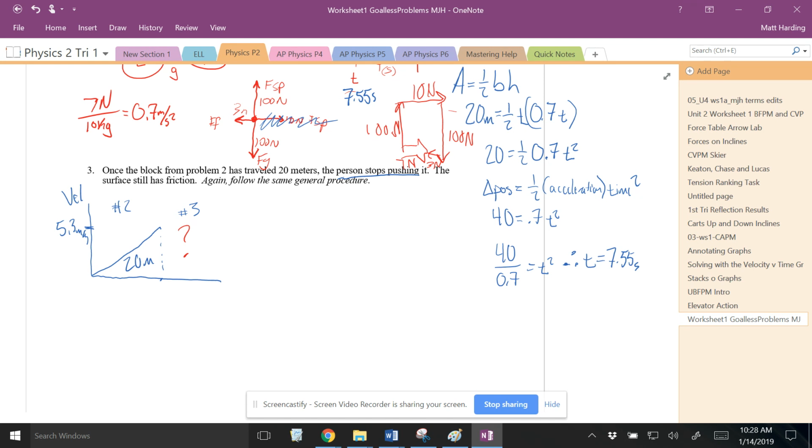What's going to happen if you take away the smoosh push from the person? Go ahead and modify your free body diagram and your force addition diagram again. What's going to happen to this object? We're no longer pushing it, it's just got friction acting on it. Keep going.